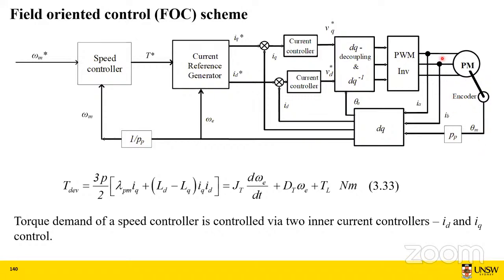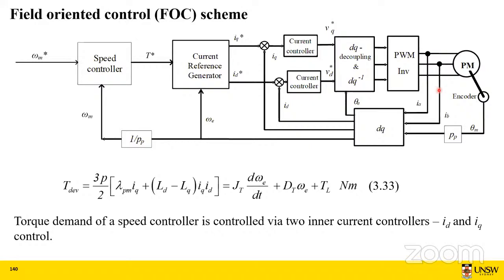You also need to sense the actual three-phase currents, IA, IB, IC. Usually IA and IB are sufficient. IC can be calculated, since for a balanced machine, IA plus IB plus IC is 0. So if we know IA and IB, we can always calculate IC.